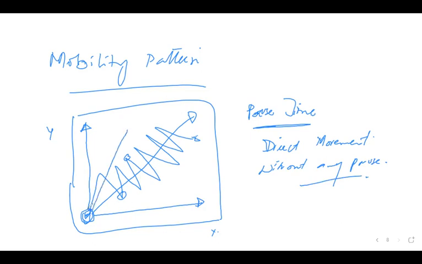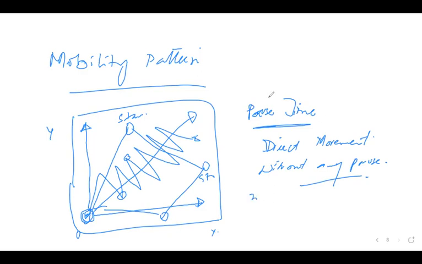Or you are moving to a particular location, staying here for some time, then you are moving here, and then onward you are moving to this position, and then you are moving to the initial position, which was actually 0.